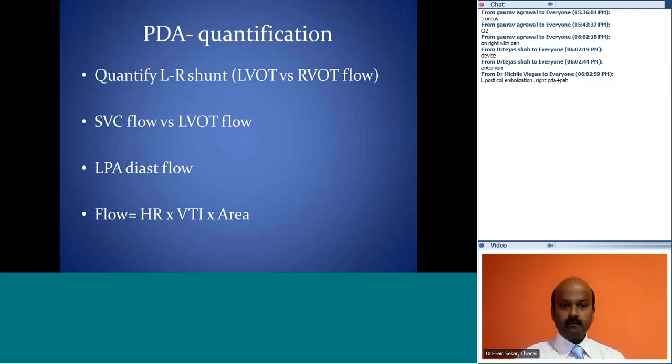These can be measured using the equation heart rate times velocity time integral times area. The LPA diastolic flow, as we have pointed out earlier, is a good indicator of the quantity of ductal shunt.